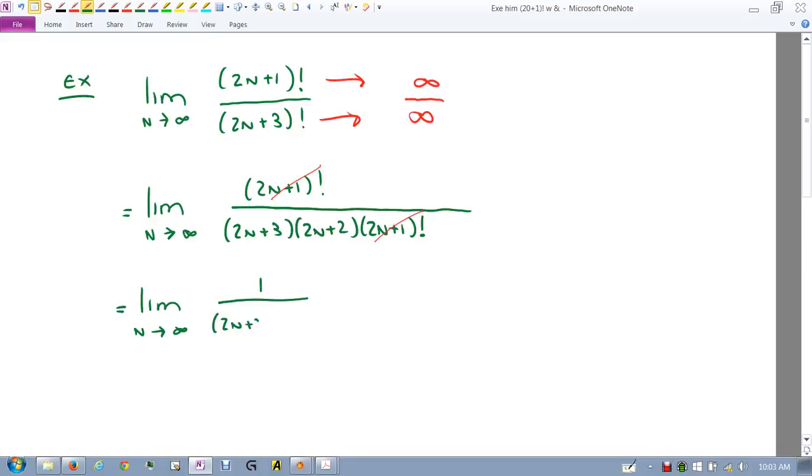Two n plus 3 times 2n plus 2. What does that go to? Goes to 0. You've got a fixed number over infinity. So that sequence converges to 0. All right, next one.